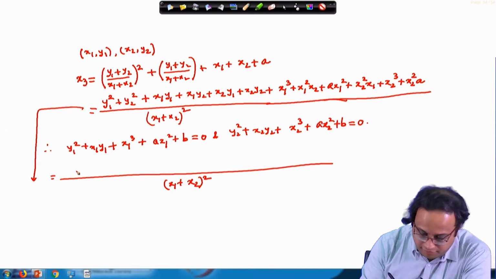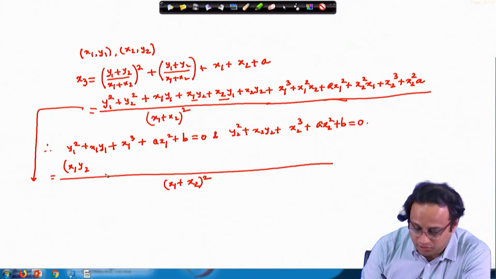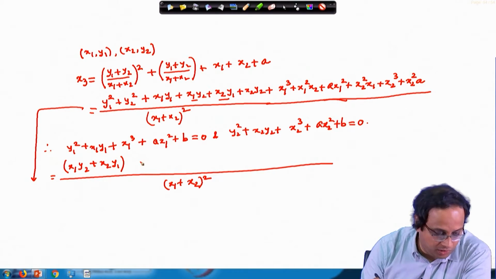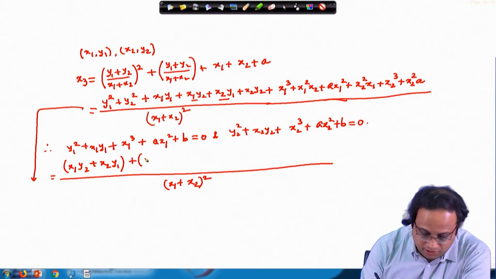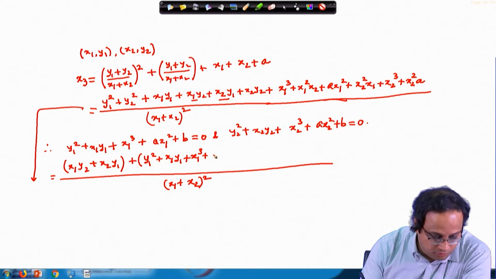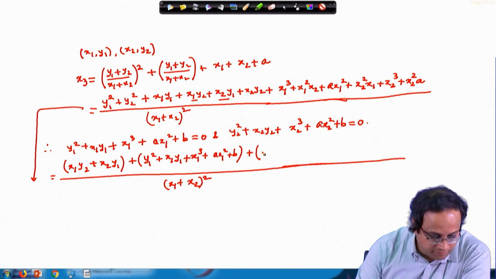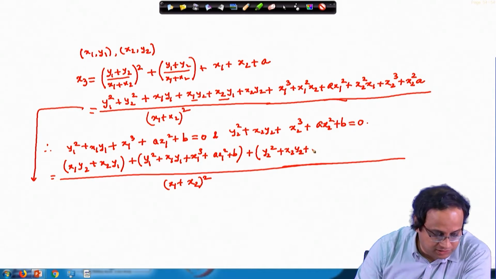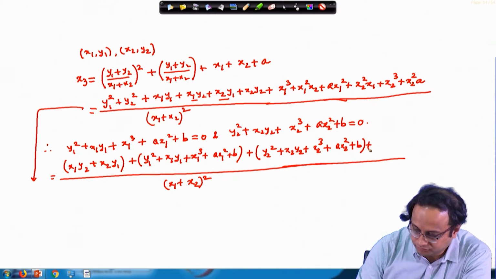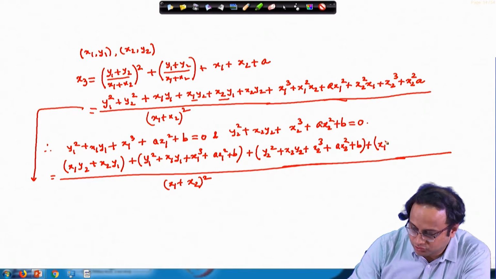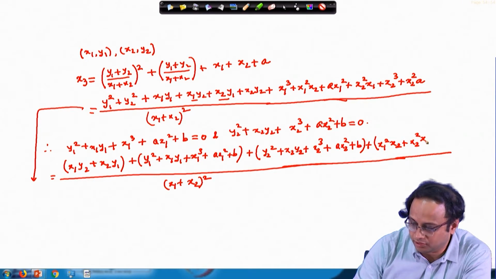In the numerator, we will have x1 y2, so basically keeping these terms x1 y2 plus x2 y1, and the remaining two parts are nothing but these things: y1 square plus x1 y1 plus x1 cube plus a x1 square plus b, plus y2 square plus x2 y2 plus x2 cube plus a x2 square plus b, plus x1 square x2 plus x2 square x1.